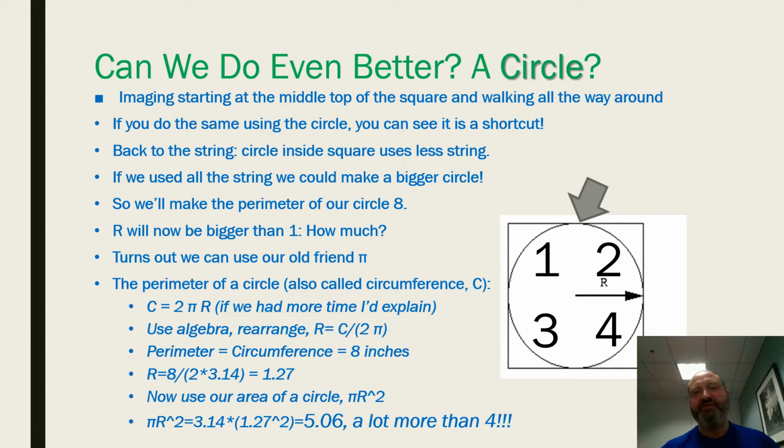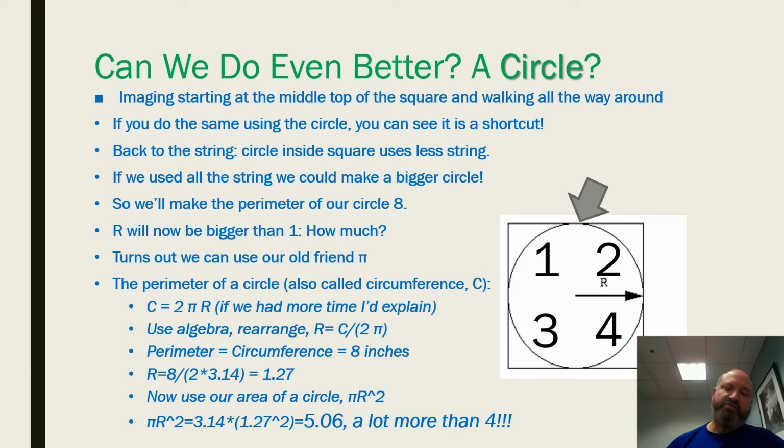Okay, first of all, we can see that this circle that we drew inside the square does not use up all the string. You can see that because imagine if you start at the top of the square in the middle and had to walk all the way back around. If you go around the square, you're sort of going the long way. You can walk around the circle, and as you can see, that's a shortcut. In other words, you're not using the whole piece of string, you're only using part of it.